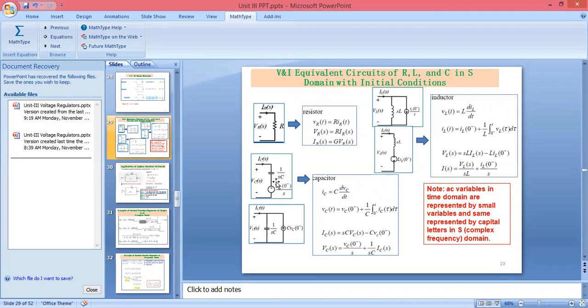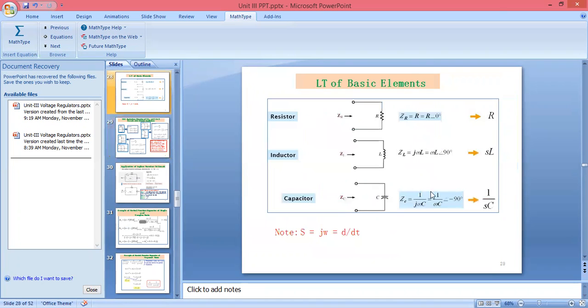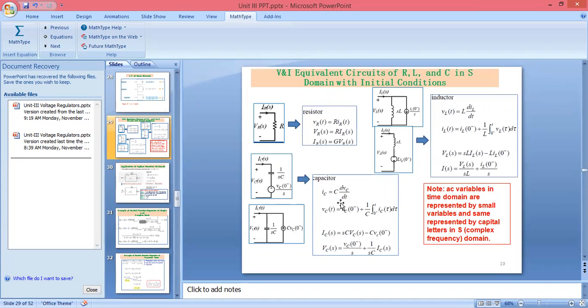You can see here we are giving one capacitor and one battery source, a DC source. So we take the capacitor as 1 upon SC, and the inductor as SL. I can write here 1 upon SC, and the voltage across it we can take as VC 0 minus, that will be the initial value.